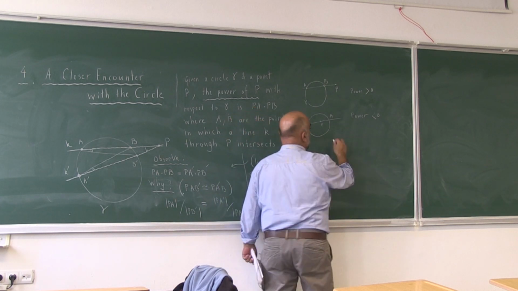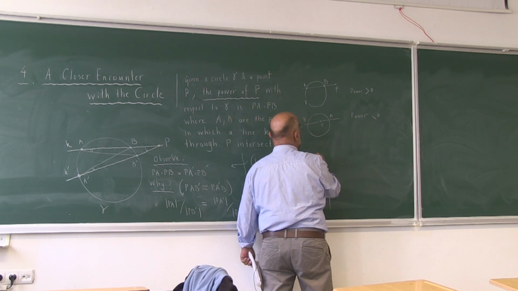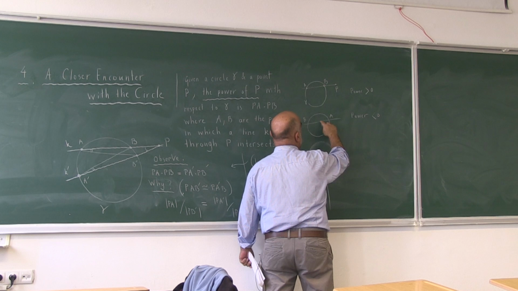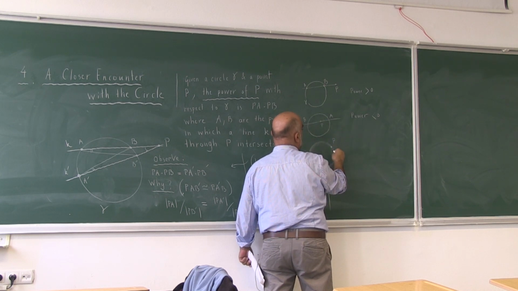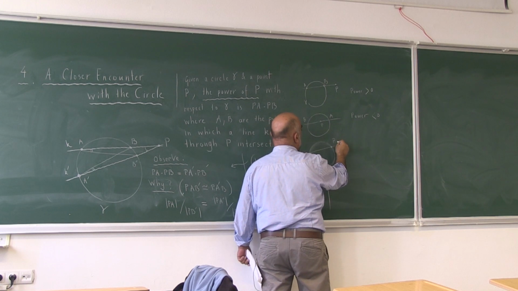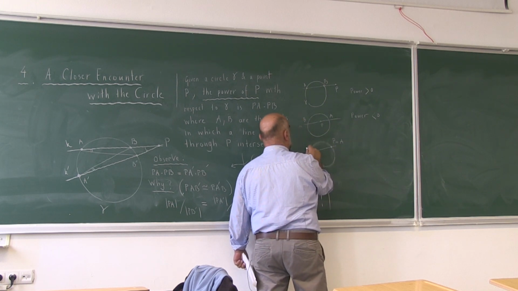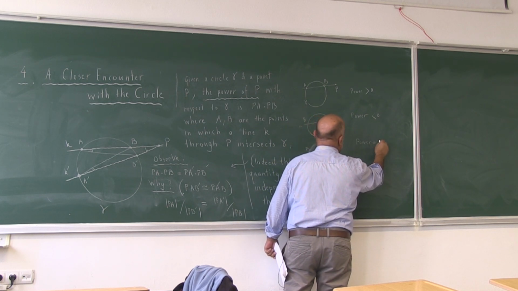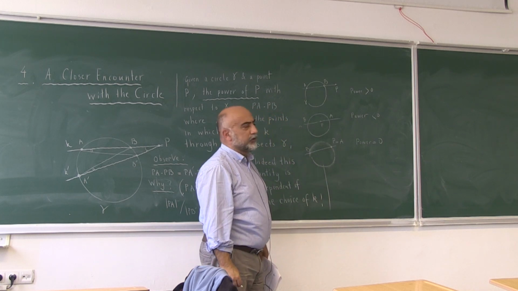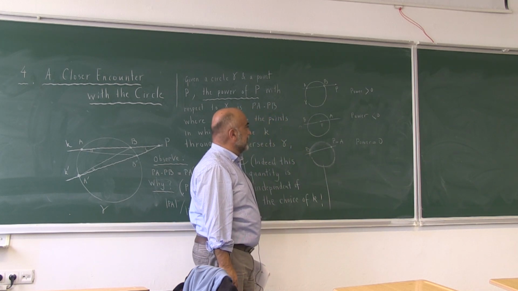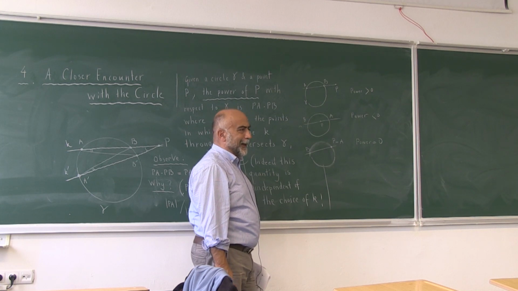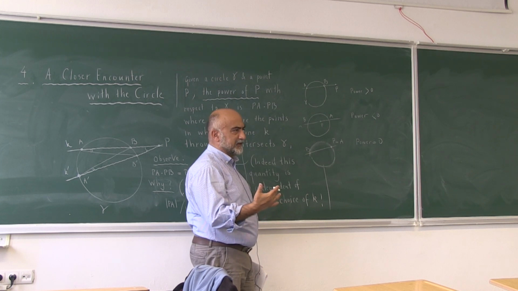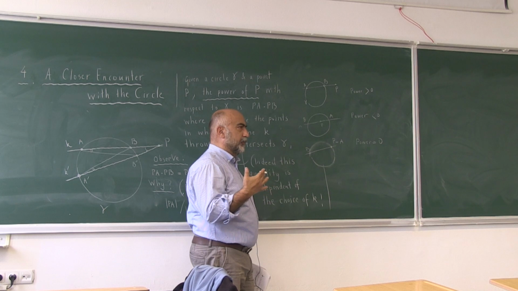And of course, if you choose your point exactly on the circle, then quite clearly PA for instance is 0. And so for instance, the point A and P coincide, and this is the point B. So power is in this case exactly 0. So that's the first thing that you should notice: in a sense, power is a measure of the distance of a point from the circle.